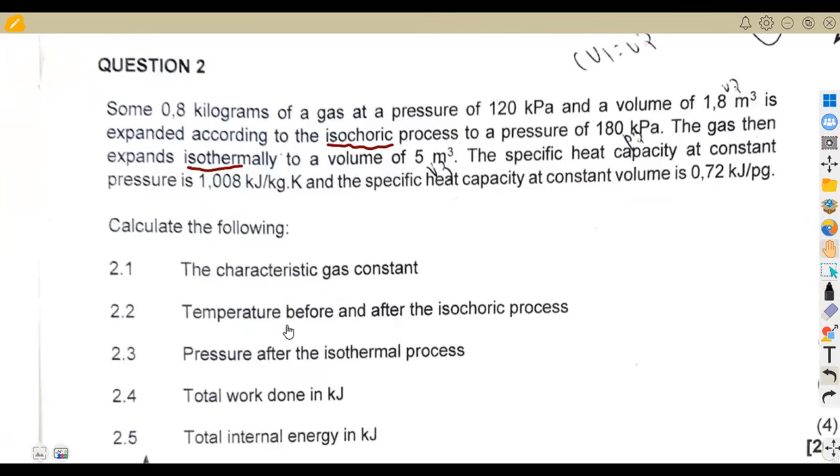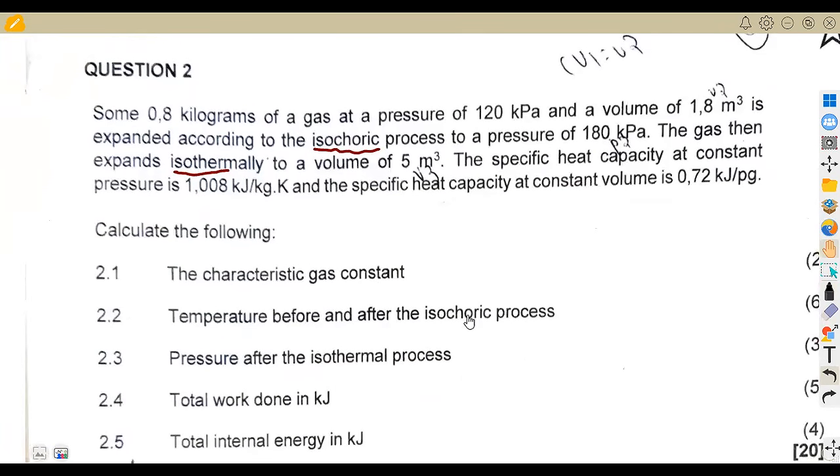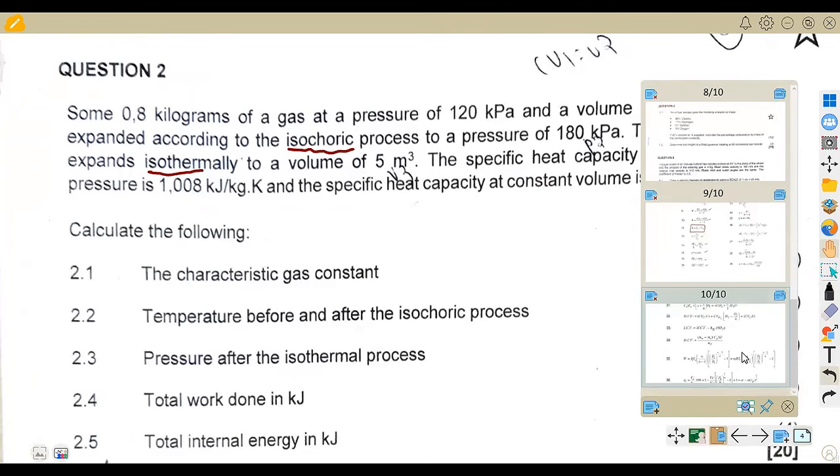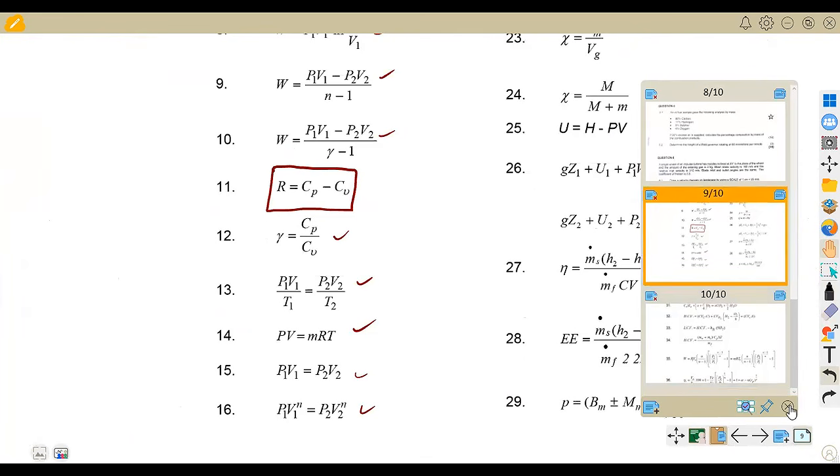Then we are given the temperature before and after the isochoric process. We need the temperature before and the one after. In terms of the formula that you're going to use when dealing with other processes, let me explain from these formulas so that you understand.